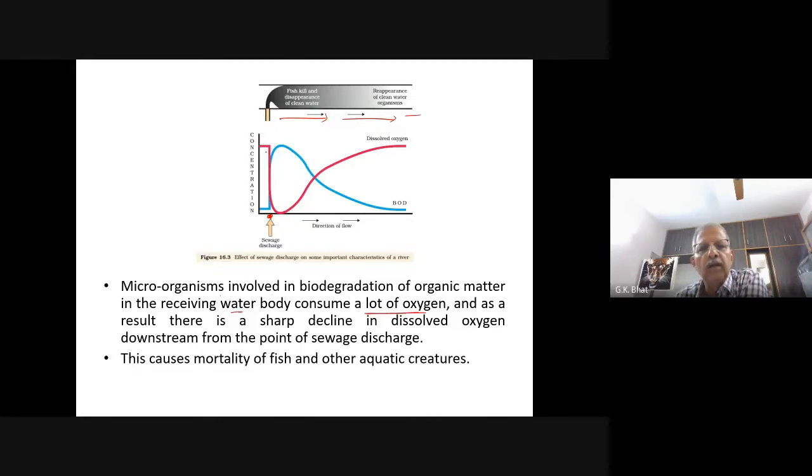Earlier, in the clear water, the dissolved oxygen level was very high. The moment this sewage is added, the microorganisms consume a lot of oxygen, so immediately the oxygen level comes down. Are you following me? Vishwas, Siddesh, Harshvardhan.